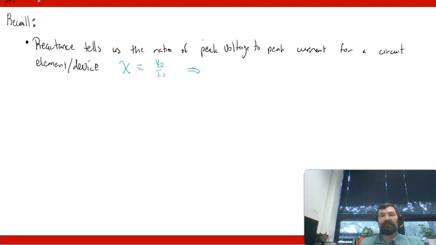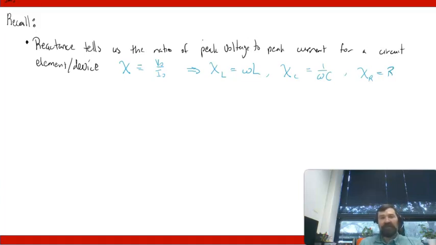And this was given for different elements within the circuit as either omega times L, or for a capacitor 1 over omega times C, or for a resistor, we don't usually refer to this as reactance, it's just simply the resistance.